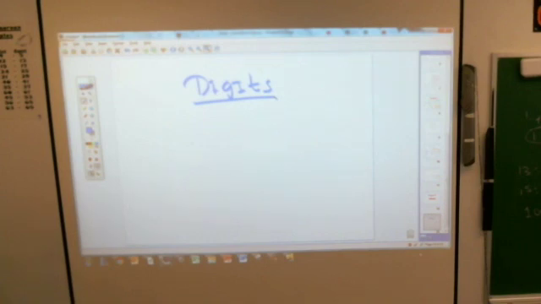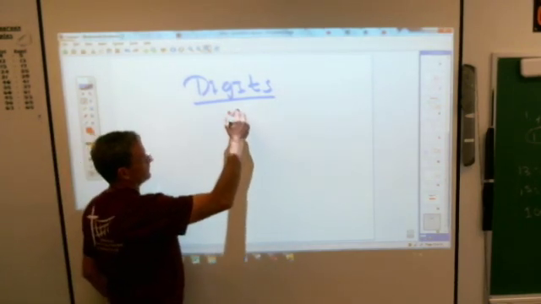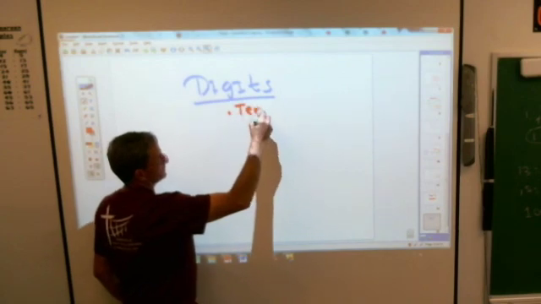Digits. In our numbering system, 5th graders, believe it or not, we have 10 digits. We have 10 of them.